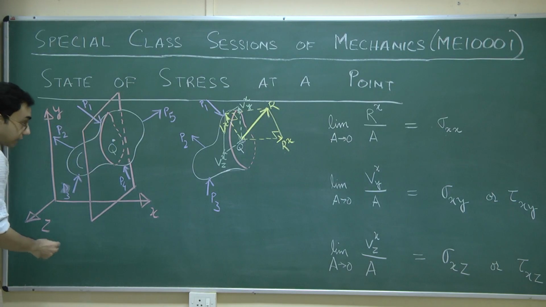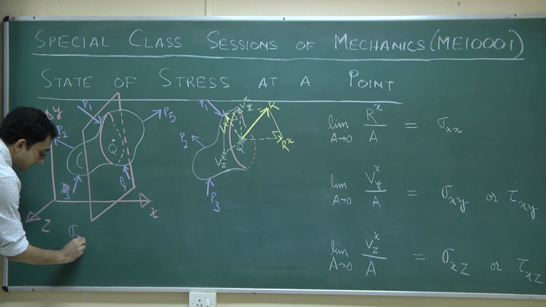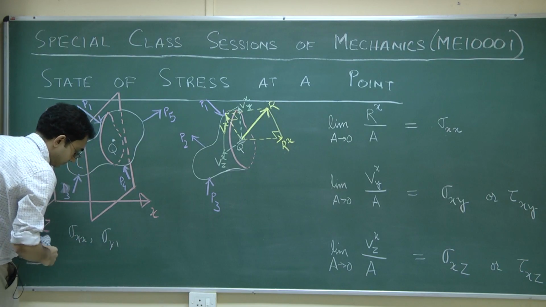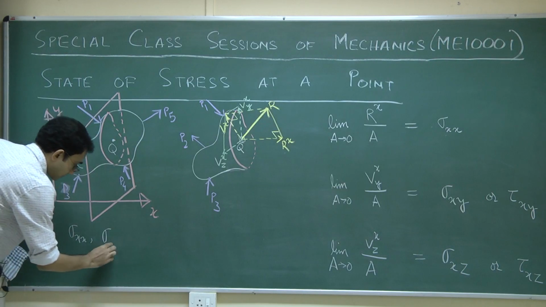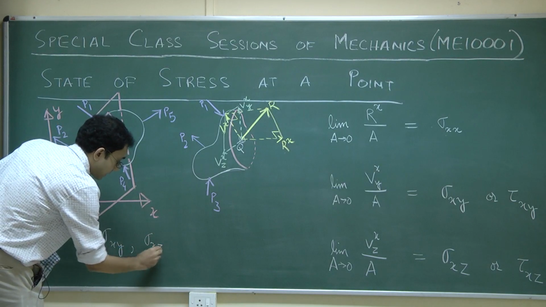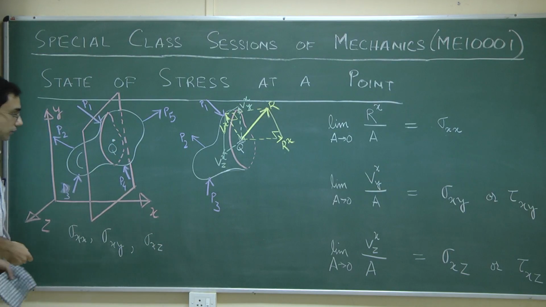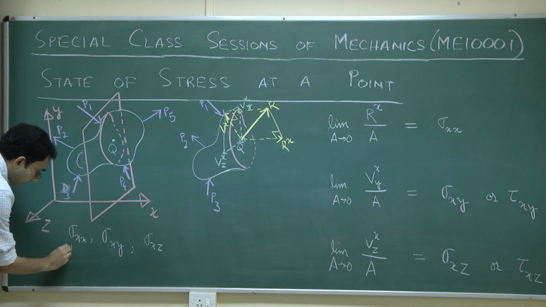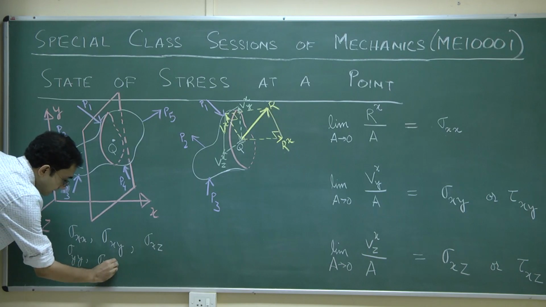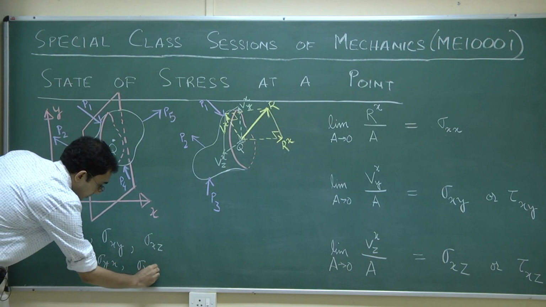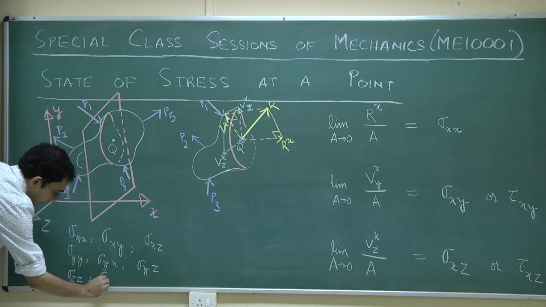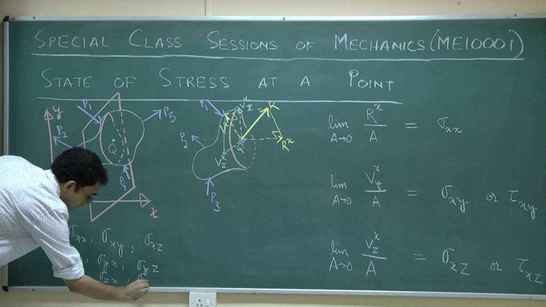We understand that in addition to sigma xx, sigma xy and sigma xz, we would also have sigma yy, sigma yx, sigma yz, sigma zz, sigma zx and sigma zy.